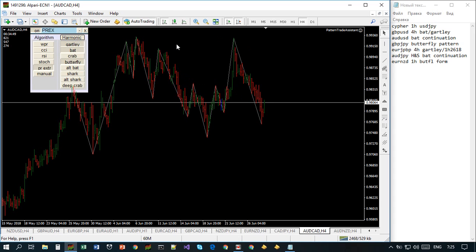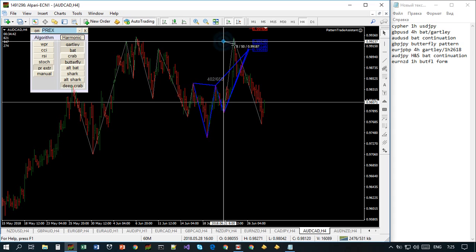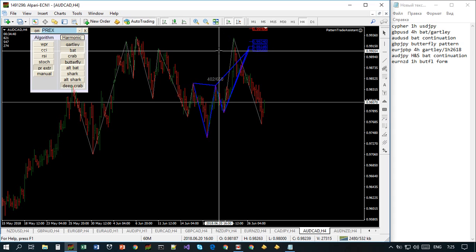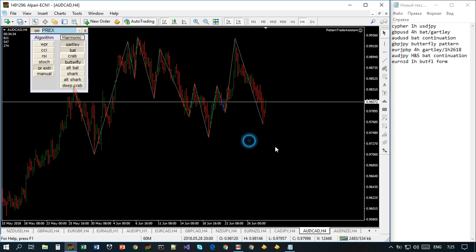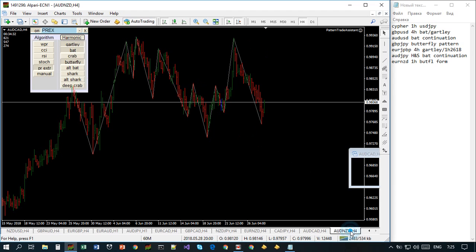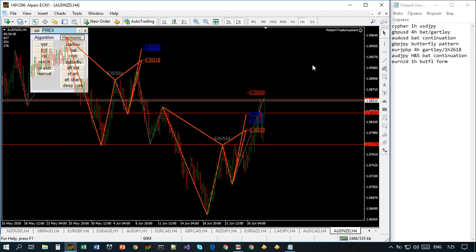If we talk in terms of harmonic patterns, we had a nice deep crab pattern, I suppose, yes, and it worked exactly the way to respect that resistance zone and go to the downside. Okay, it is already part of the history.